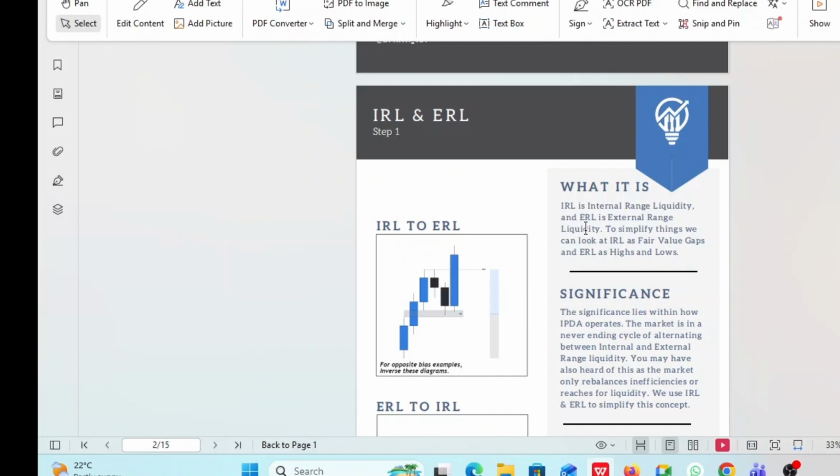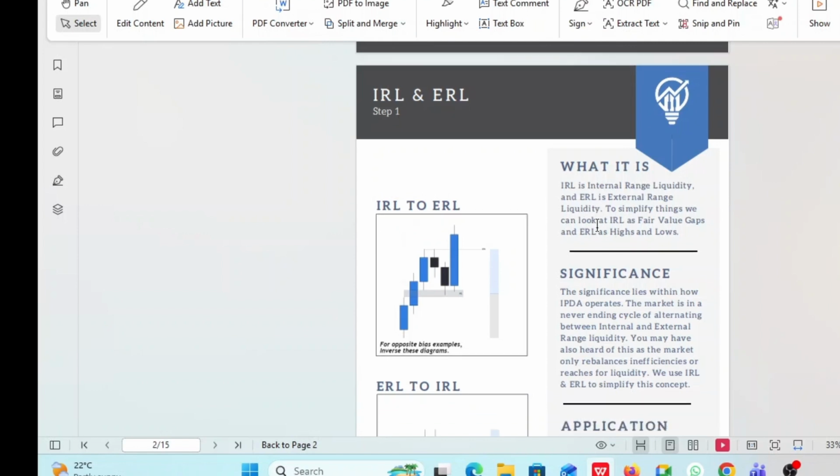IRL is internal range liquidity and ERL is external range liquidity. To simplify things here, we can look at IRL as a fair value gap and ERL as highs and lows.